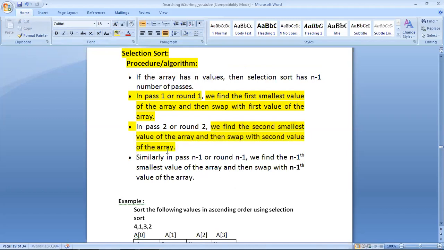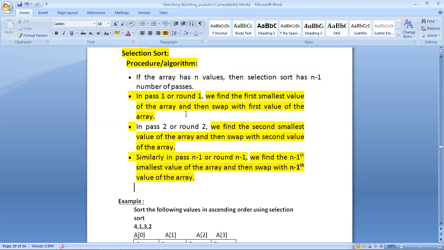Similarly, we continue with the remaining passes. In pass n-1, we find the n-1th smallest value of the array and then that value will be swapped with the n-1th value of the array.